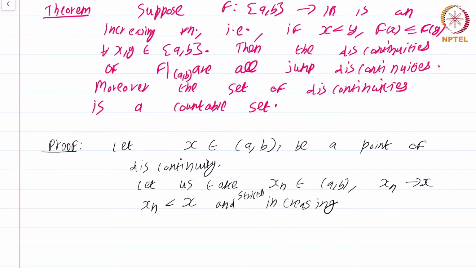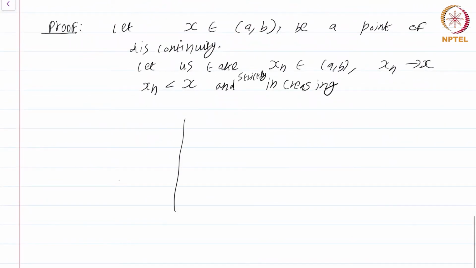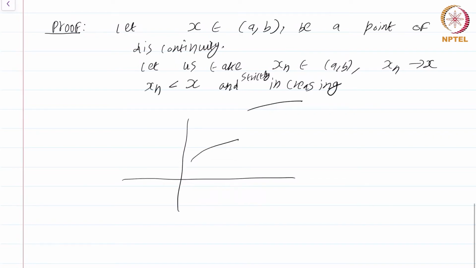Really doesn't make a difference, but I can demand of x_n whatever I want. So I have this function. I'm going to draw the discontinuity as a jump discontinuity because that's what it's going to be. I have this increasing function. I am focusing on this point x. I'm taking a sequence x_n that is converging to this point x.